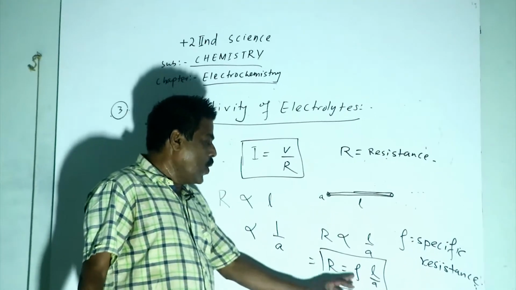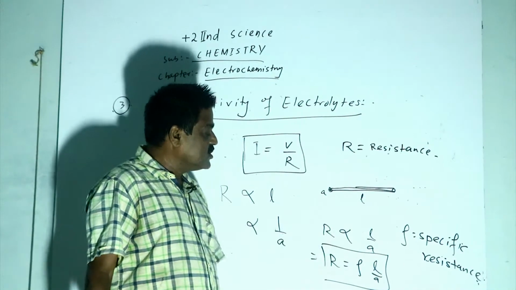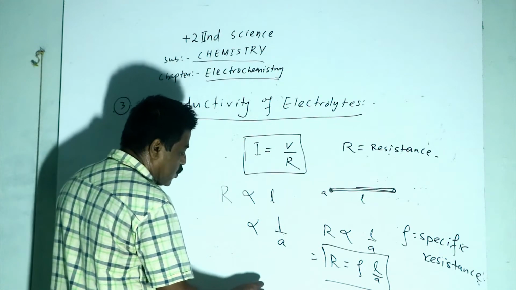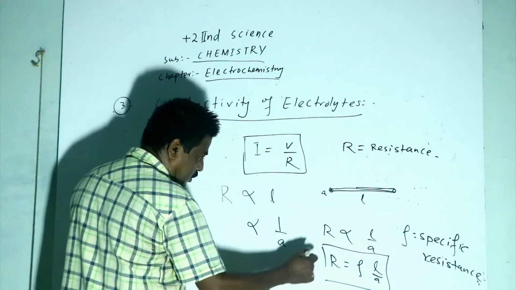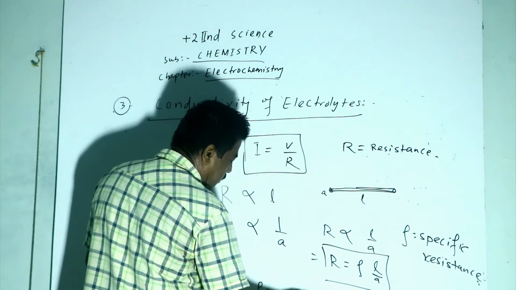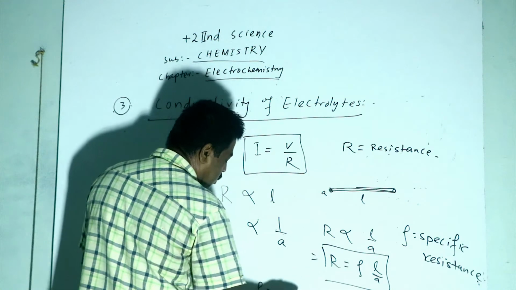Now the rho, the specific resistance, can be represented as rho is equal to R into A by L. R into A by L, this is the rho.